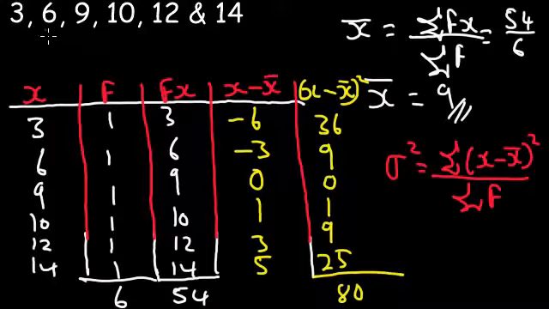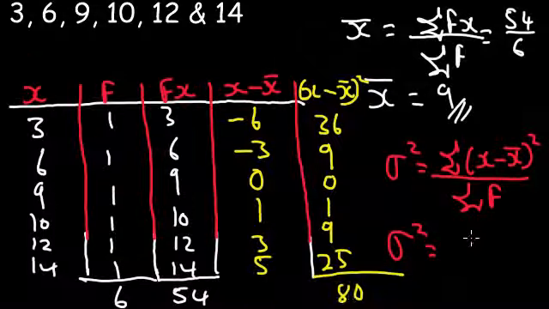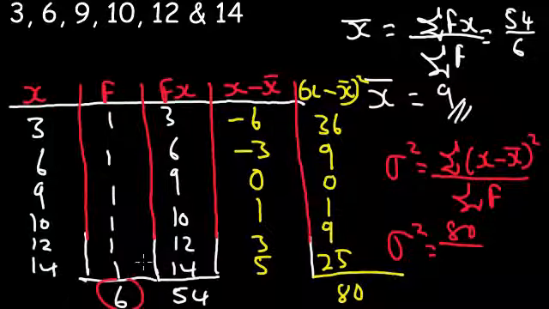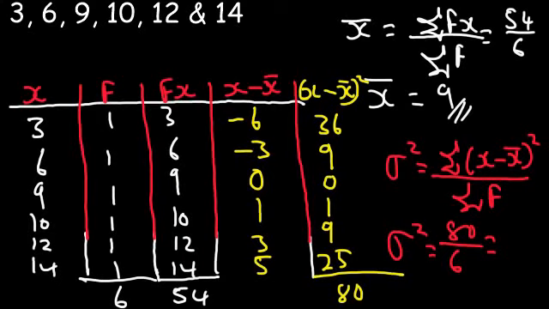Besides, it's an ungrouped data. We are the ones that tried to group it using a frequency distribution table. So sigma squared gives us 80 divided by the summation of f, which is 6. So that's 80 divided by 6, which gives 13.33 to 2 decimal places.